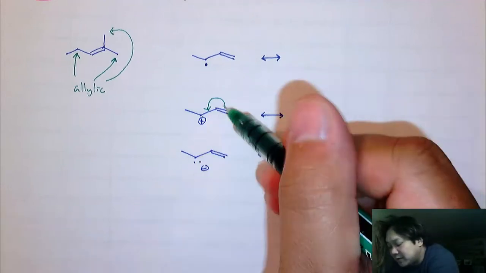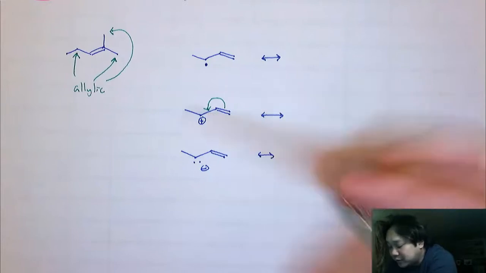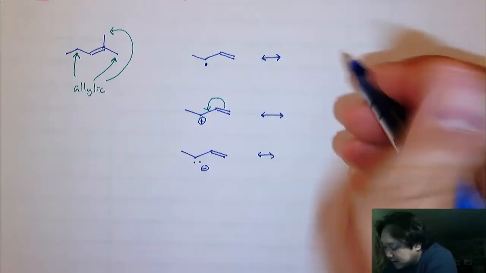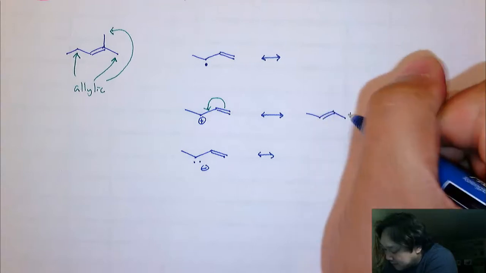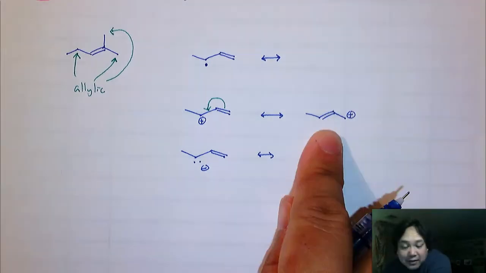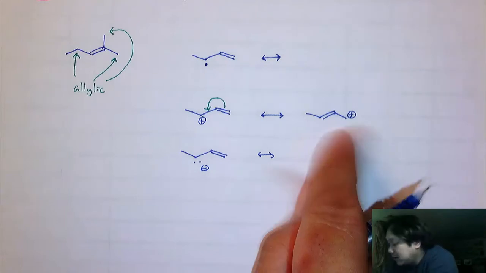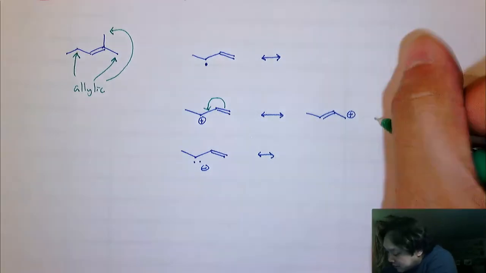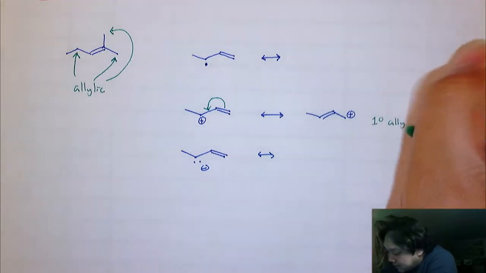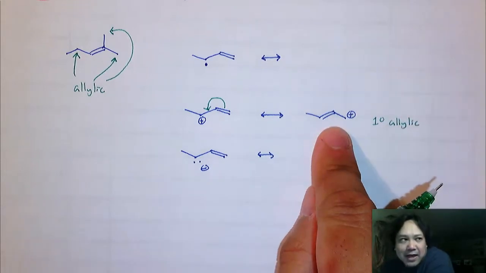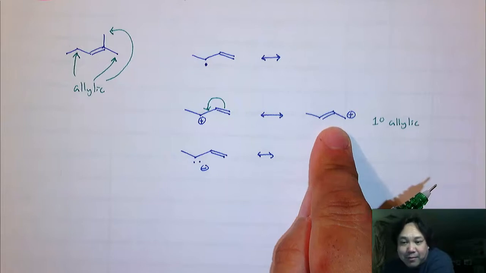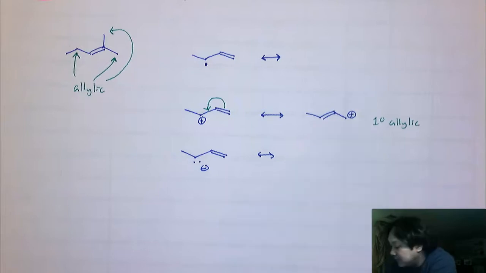So the strategy is to shift the pi bond to neutralize that carbon on the second carbon. And we get this. It's still allylic. I know it's primary, but it's primary allylic, and it does exist. It's not as unstable as just a primary carbocation.